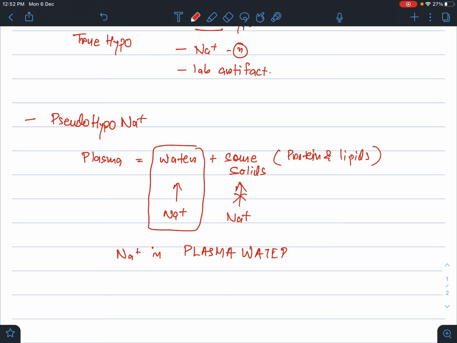I am separating this for understanding, but we measure in total plasma, which includes solids.